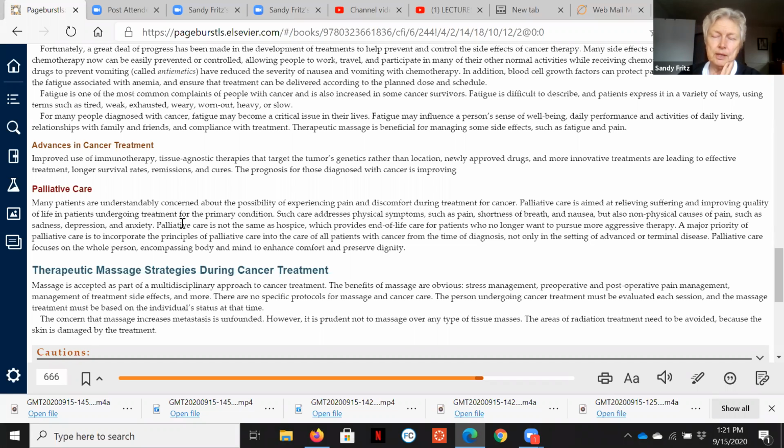So when we're thinking of massage in a palliative sense, regardless of the population we're working with, we're thinking about comfort care. Somebody does not have to be sick, or in excruciating pain, or at the end of their life for a palliative approach to be very beneficial.